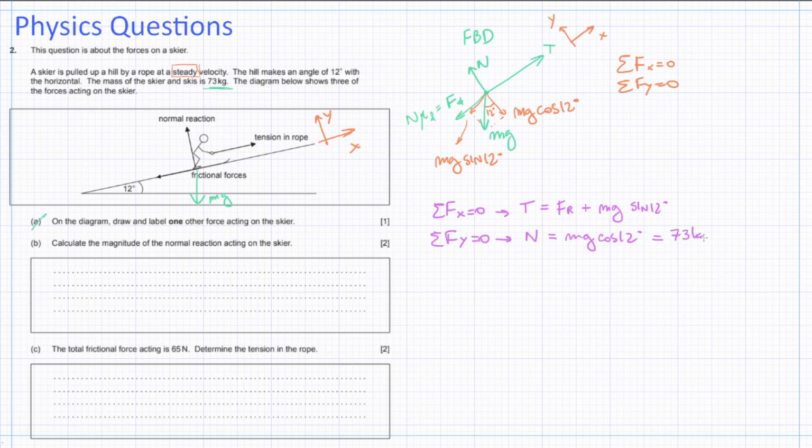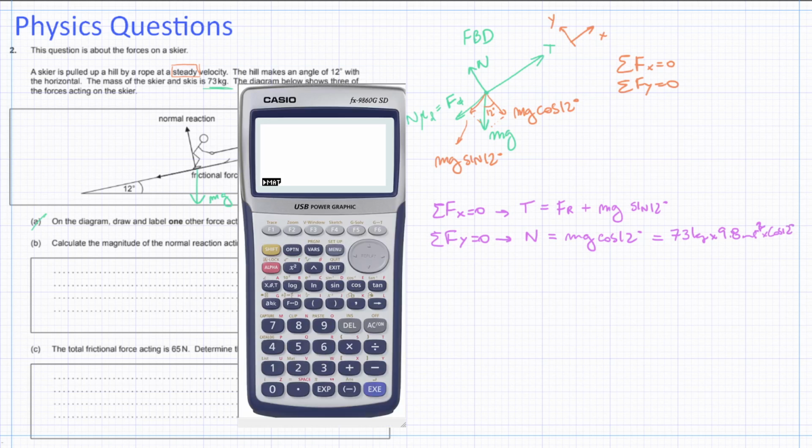73 kilograms multiplied by 9.8 meters per second squared times cosine of 12. So let's do 73 times 9.8 times, let's check if our angle is configured correctly.